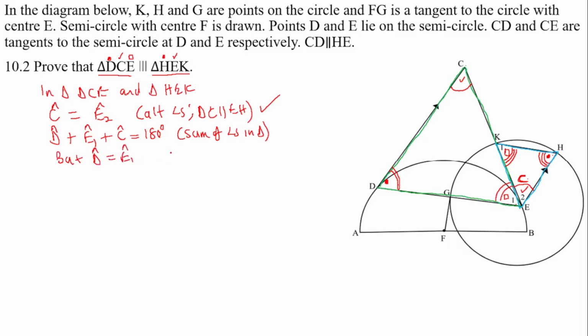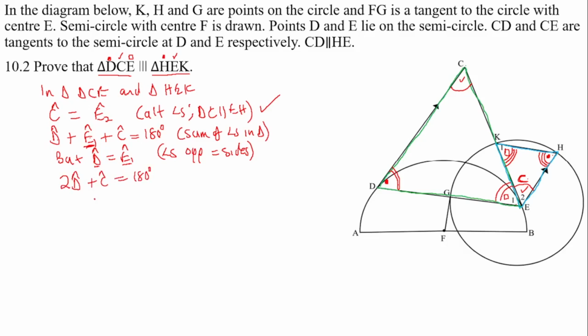What's the reason? These are angles opposite equal sides, right? So angle D is equal to angle E1. So it means that where there's angle E1, we can replace it with angle D. So it becomes angle D plus angle D, which is 2 times angle D. 2 times angle D plus C is equal to 180 degrees, right?